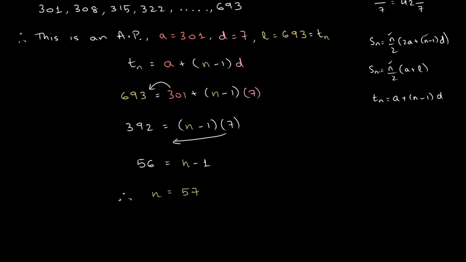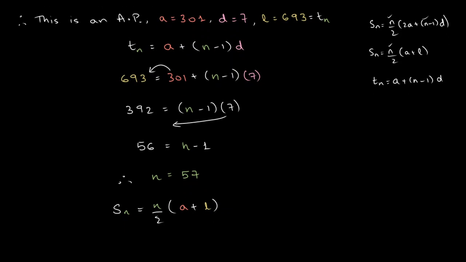So I will use the Sn formula, which is Sn equal to n upon 2 into a plus L, the first term plus the last term. I already know all these values, so I can start plugging them in.